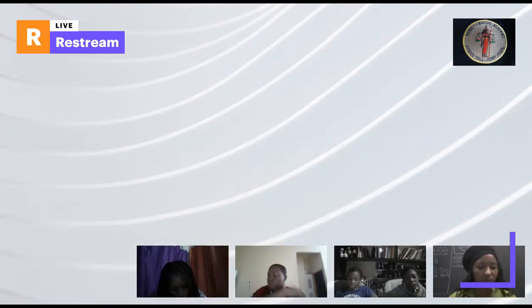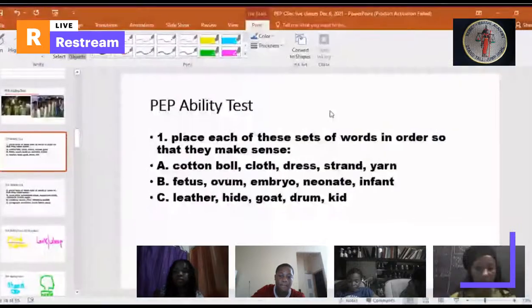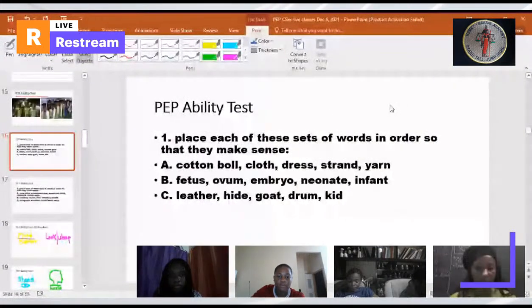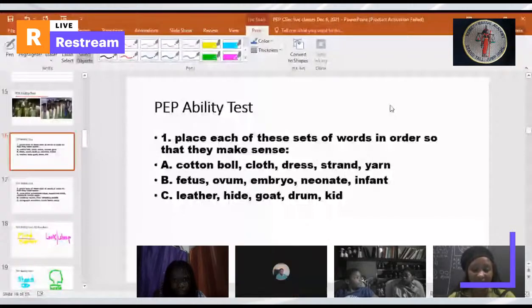So let's get to the first question. It says, number 1, place each of these sets of words in order so that they make sense. Any kind of sense, right?